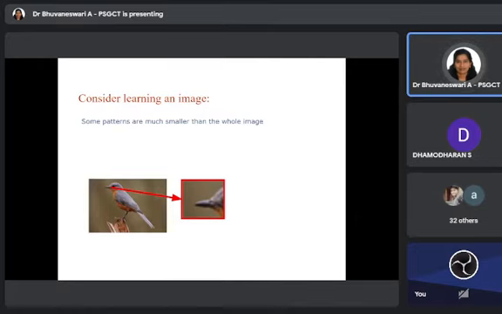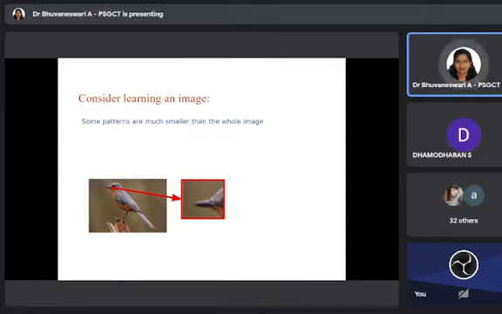The image here is a bird, and the prediction that is made is where in the picture the bird's beak is. You have to precisely identify the beak of the bird and retrieve it. That is the question.